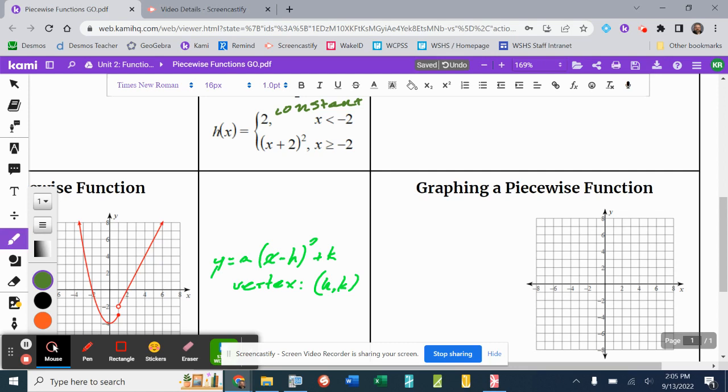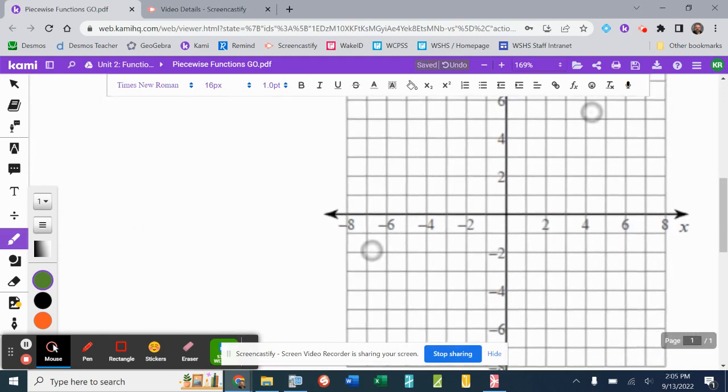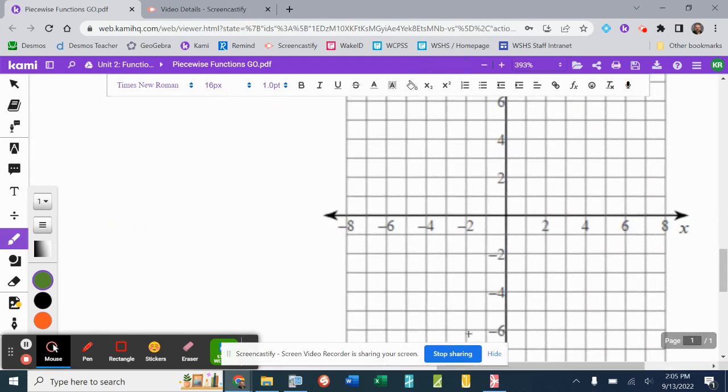We can see that anytime x is less than -2, so the fact that it's less than -2 means I need to use an open circle for it. The value of h of x is just going to be 2. So if I come down here, we got x is -2, so I come up, I'm going to put in an open circle here.